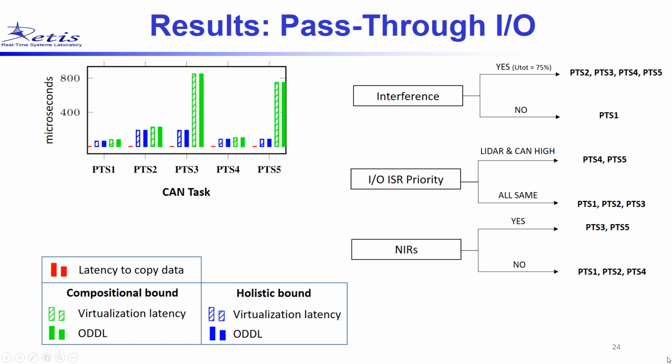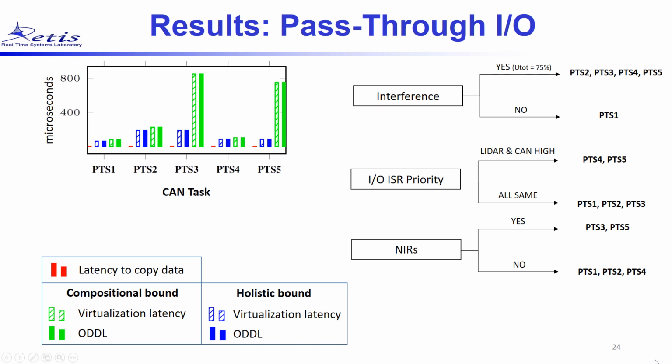Different groups of bars are reported to target different relevant cases, for example, the presence of interference, the absence of interference, the case in which all the ESRs related to I/O have the same priority, and the case in which those related to the LiDAR task and the CAN task have a higher priority, and cases with and without non-interruptible regions.